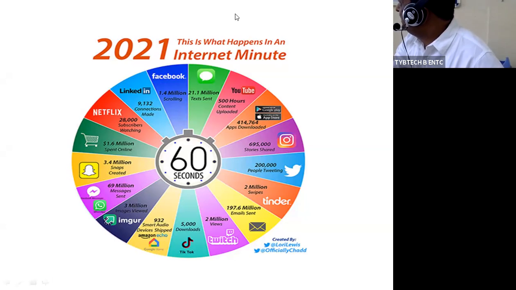You can see there are 21.1 million texts sent, 500 hours of YouTube content uploaded. You can see there is Tinder, Insta, TikTok, right? That means in 1 minute, this much data is being generated today.